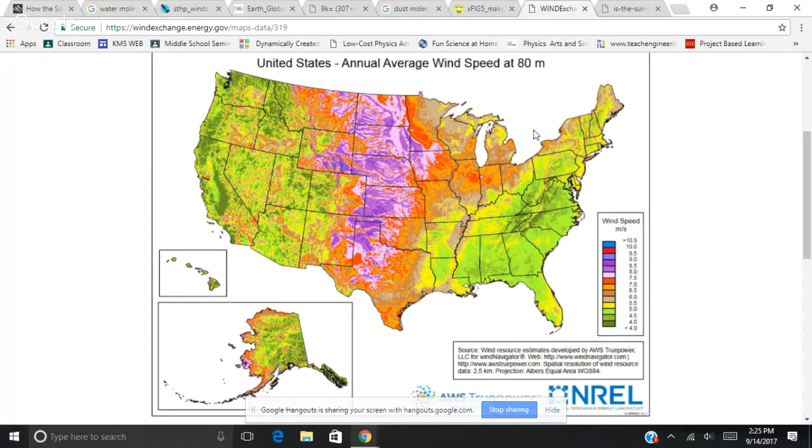So this map of the US shows that the heaviest winds are in the Midwest. And that is a function of the mountains, even though it's at 240 feet high, which is not above a lot of the mountains.